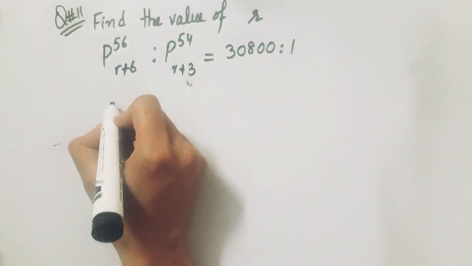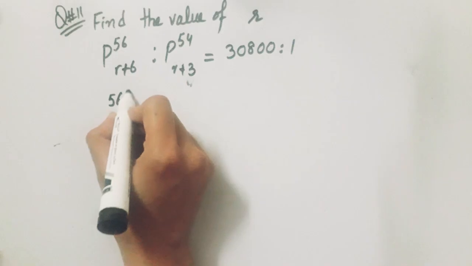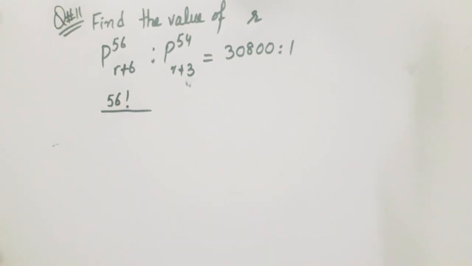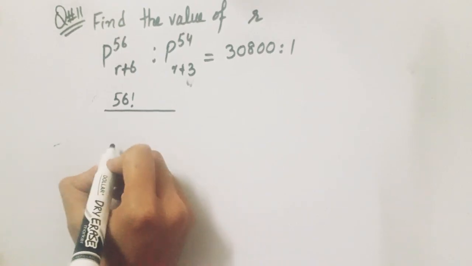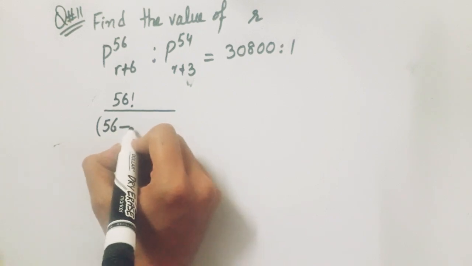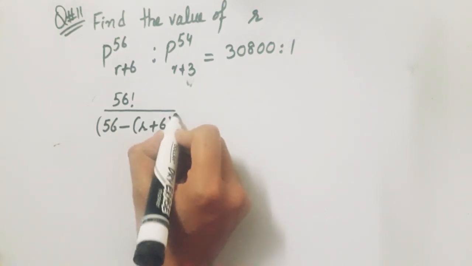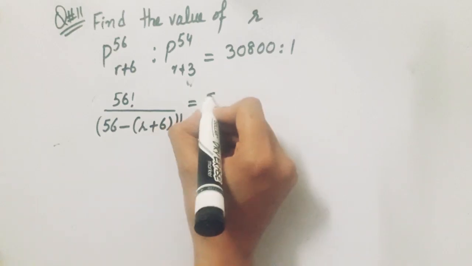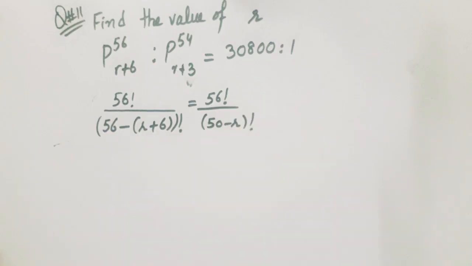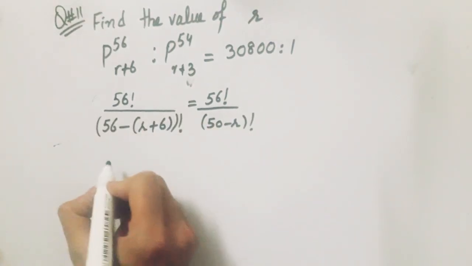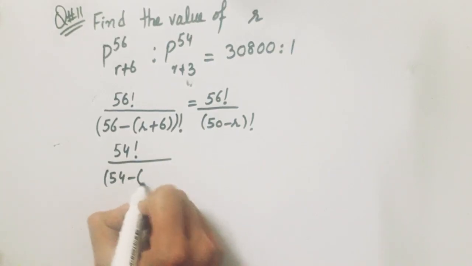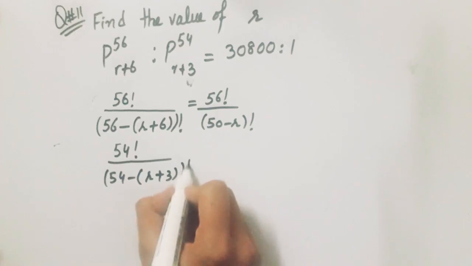So we will write this as 56 factorial divided by (56 minus (r plus 6)) factorial, and this is equal to 56 factorial by (50 minus r) factorial, and write the other one as 54 factorial over (54 minus (r plus 3)) factorial.